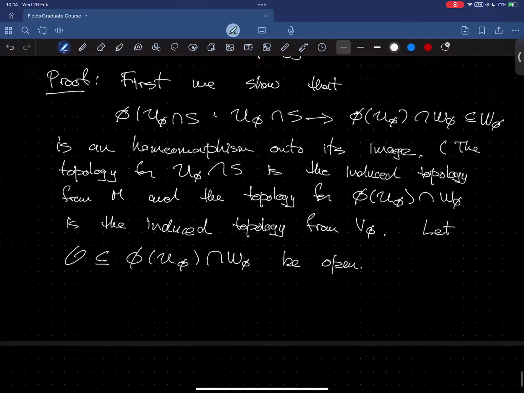Now that's open in the topology from V. Okay, that's what I said here. So open in the induced topology means that there's a larger subset in V whose intersection with this thing is equal to O. And because this thing is already open, I'm going to assume that my larger subset is actually contained in this open set.